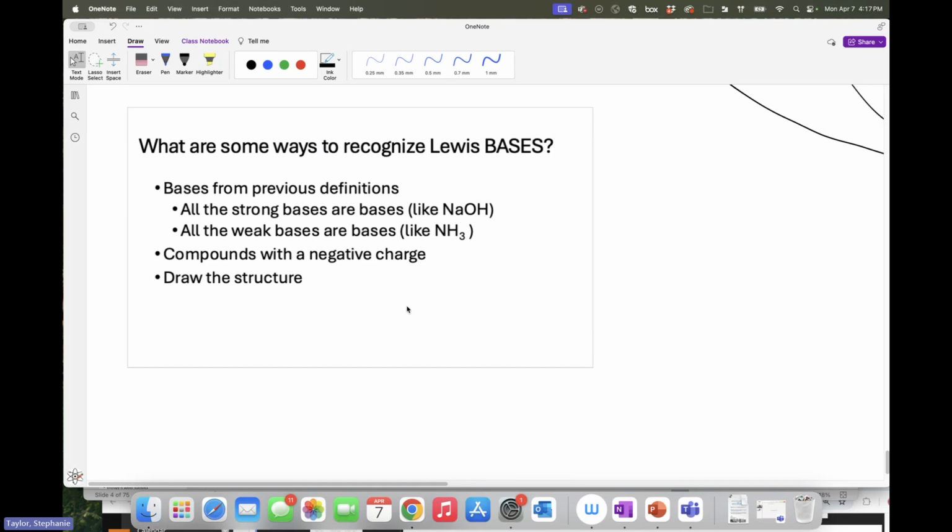Charges will help a lot if you can, because since Lewis is dealing with electrons, things that are negative have extra electrons. A Lewis base, you're looking for something that can donate electrons. So negative things can do that better. So hopefully that helps with Lewis acids and Lewis bases.